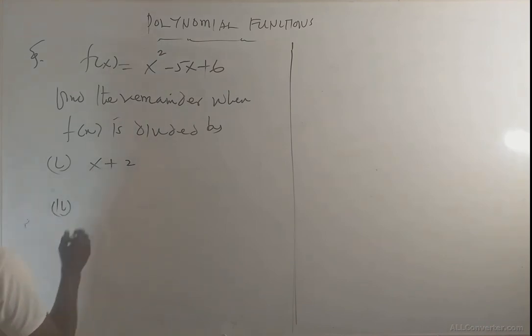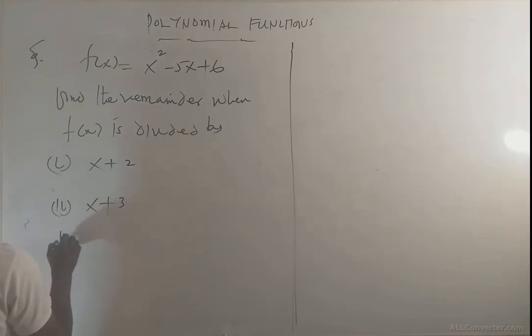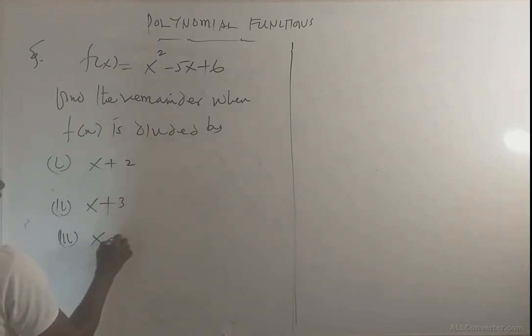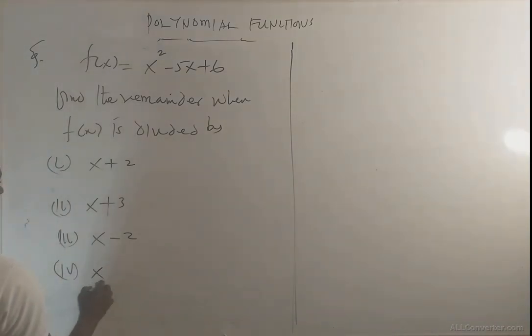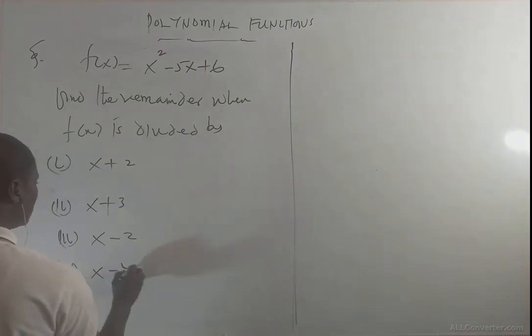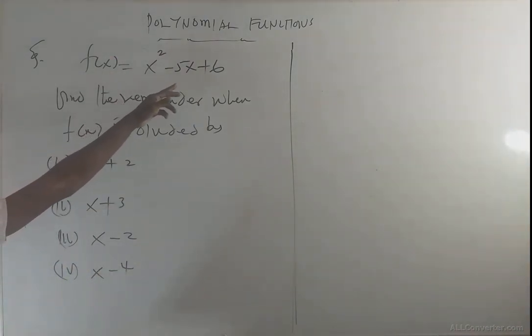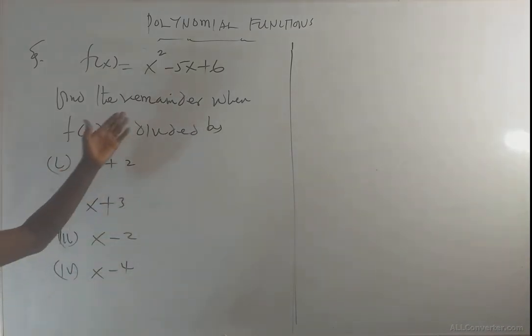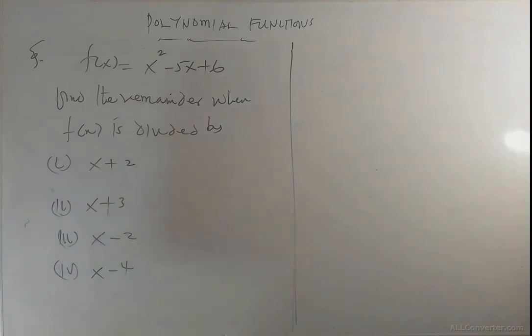Then we have x plus 3, III. We have x minus 2, then we have IV, we have x minus 4. Now, this is a polynomial function x squared minus 5x plus 6, and we have to find the remainder when the polynomial is divided by, and these are the divisors.